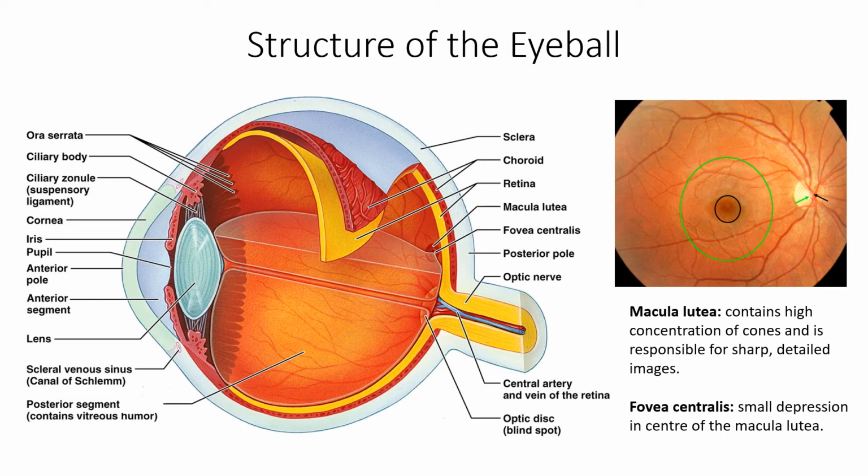Now, what's happening is within the retina, we've got photosensitive cells. So we've got photoreceptors that respond to photons of light. And from the retina, we're going to have axons that will leave the retina and travel back as the optic nerve back to the brain.